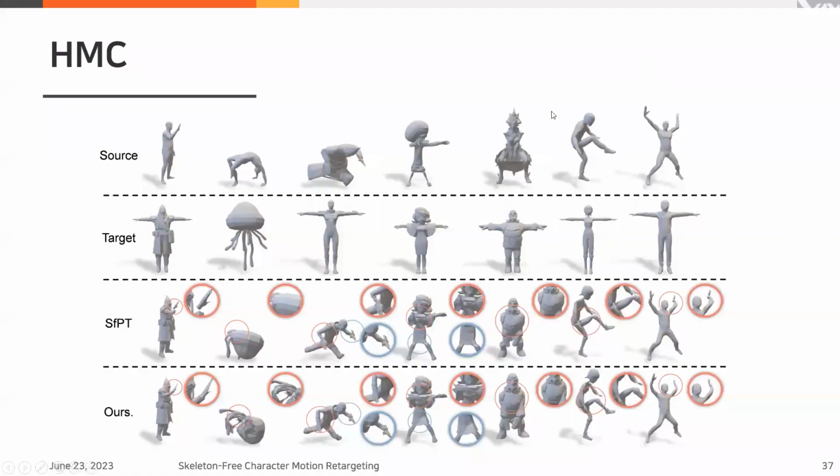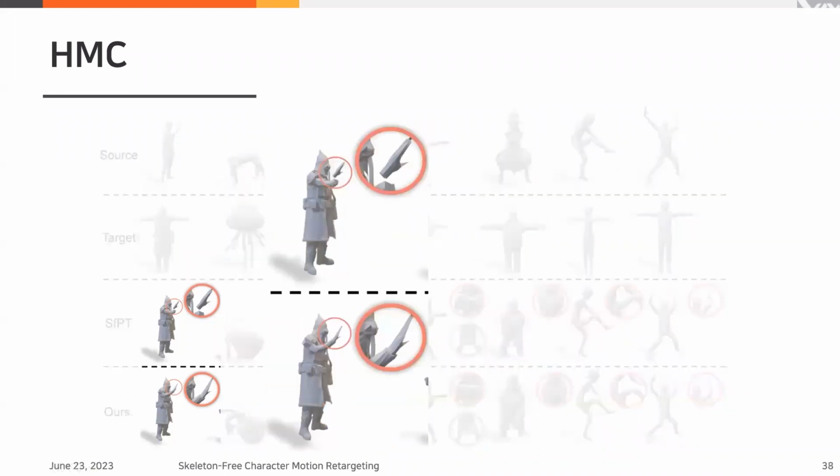Let's look more closely at how much the artifacts for local motion interdependence are alleviated. In this figure, the SFPT result is quite off, the hand is divided from the body model, but the proposed method can reconstruct the model correctly.